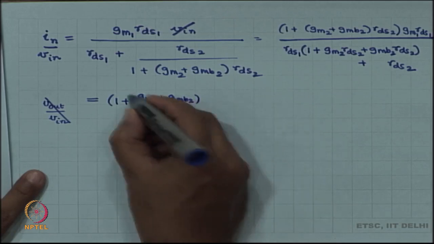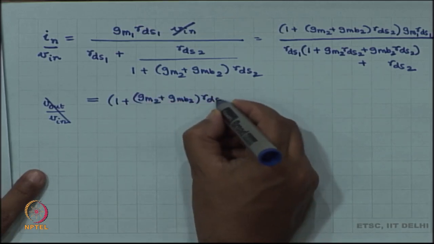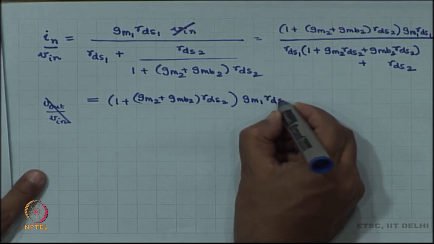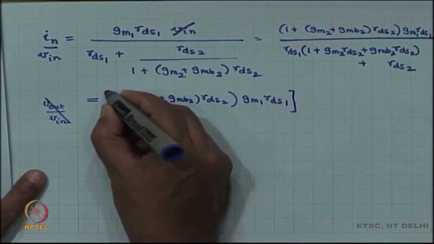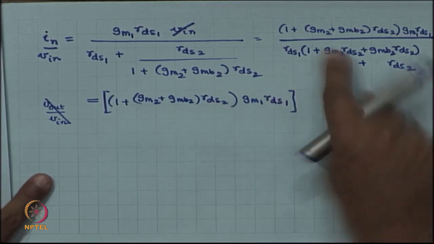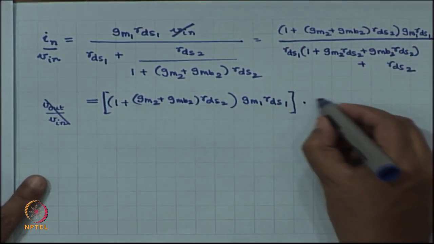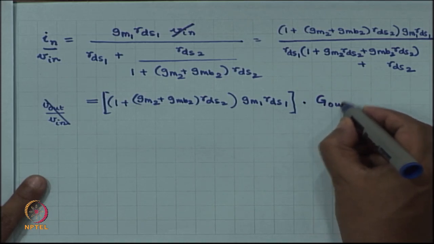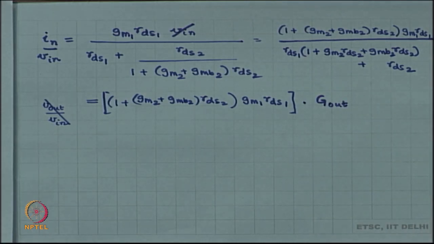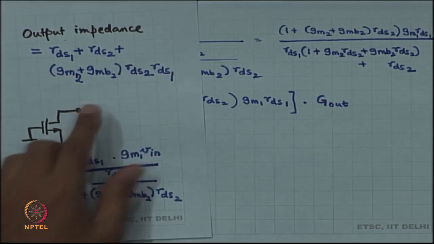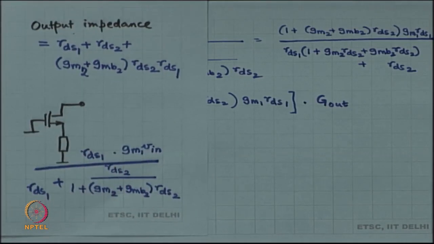Okay. I need to point out one more thing, hang on. So, this numerator divided by R out. Fine. The output impedance happens to be this in parallel with the load.